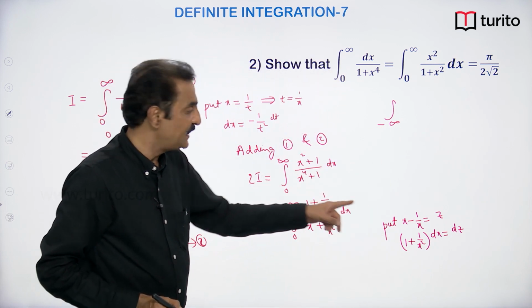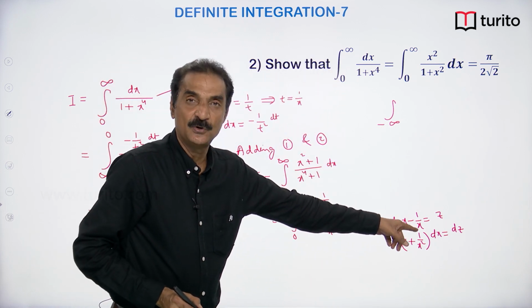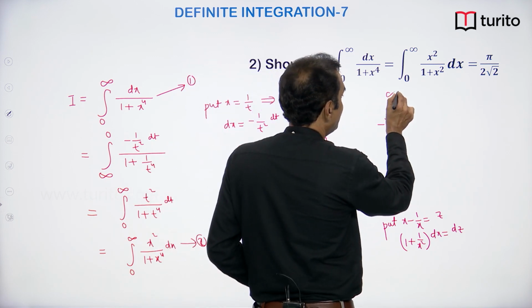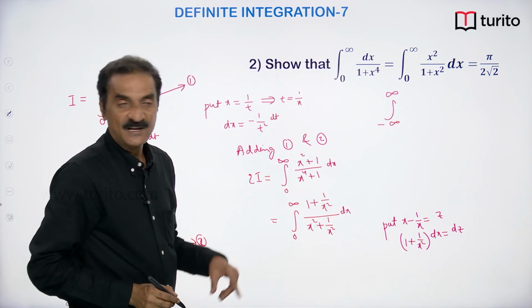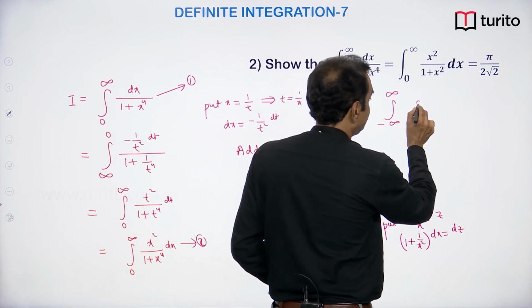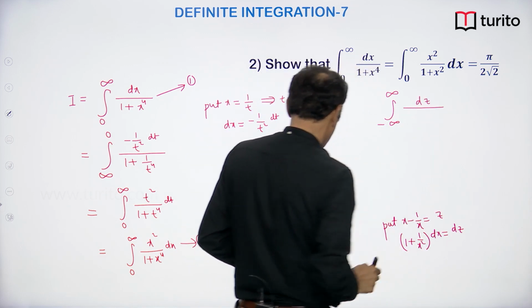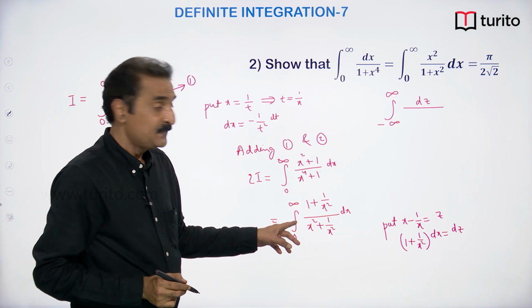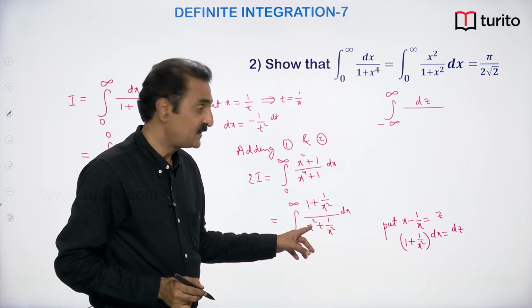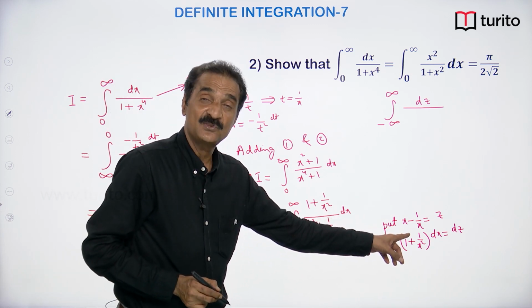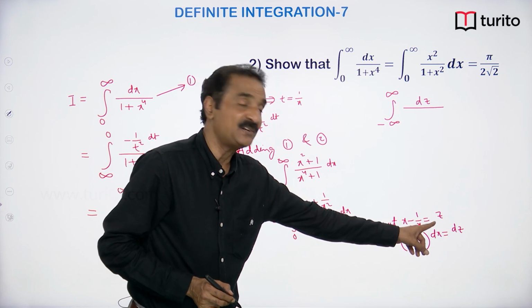If x is infinity, it is infinity minus 0, which is infinity. Numerator is dz. And what is the denominator? We can write x square plus 1 by x square as (x minus 1 by x) whole square plus 2. That means z square plus 2.